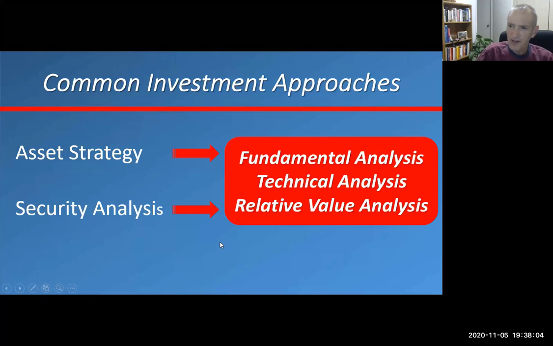All right. So we're going to be doing relative value analysis. Now, I thought it was interesting. Dr. Damodaran, when he's talking about relative value analysis, said several years ago, he asked his graduate students at the New York Stern School of Business which of these they were going to use.